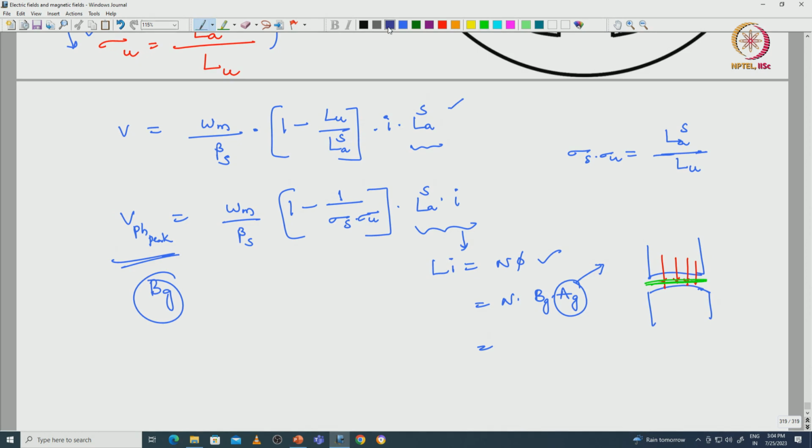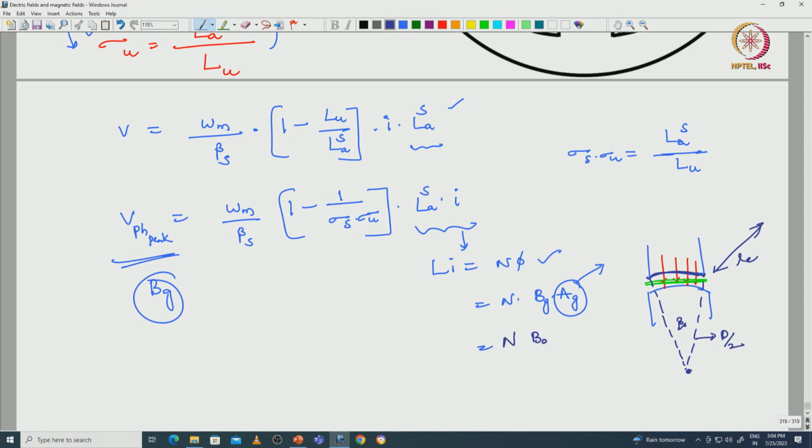In order to calculate that, from the center point this angle is nothing but beta s, and radius is nothing but d by 2. So, arc length into y axis length, which is the core length Le; the x axis length is nothing but the arc length, and the y axis length is nothing but Le.